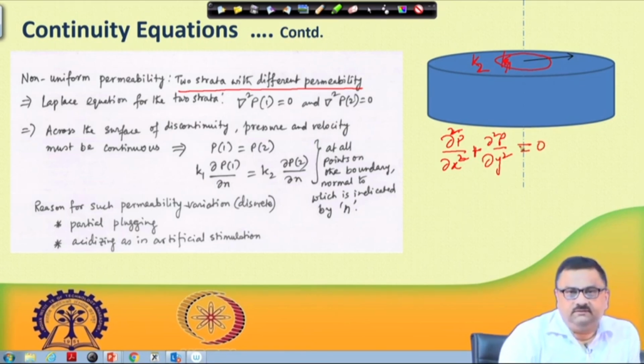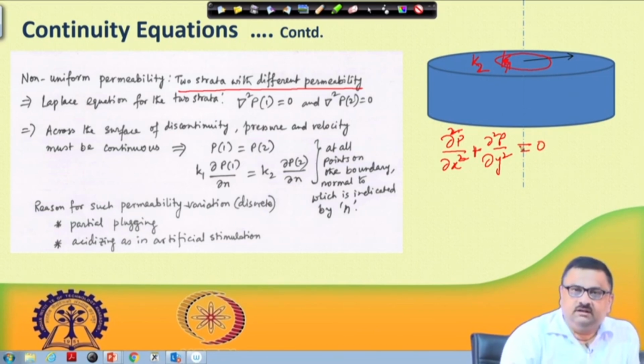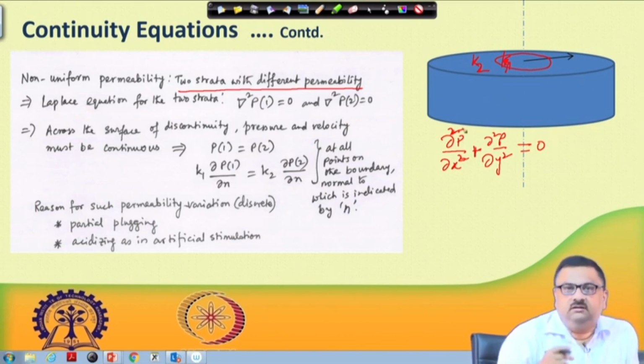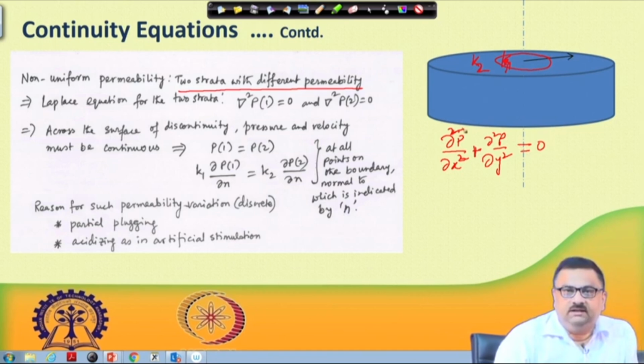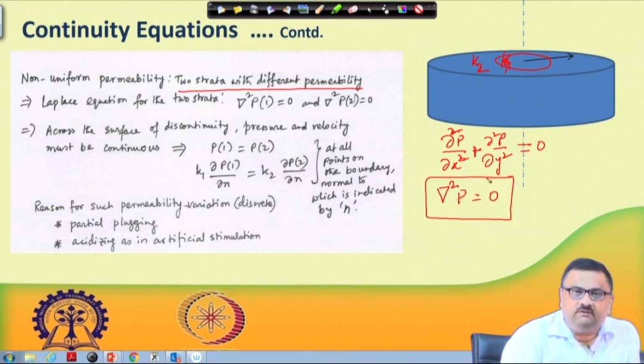That was the Laplace equation. Now, in case of radial coordinates, it was a little different, but we have a very similar equation in terms of del p del r and del p del theta, and basically we can call this equation del square of p is equal to 0. That is basically the governing equation.